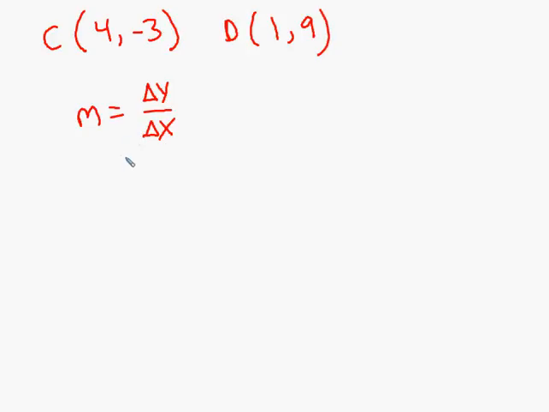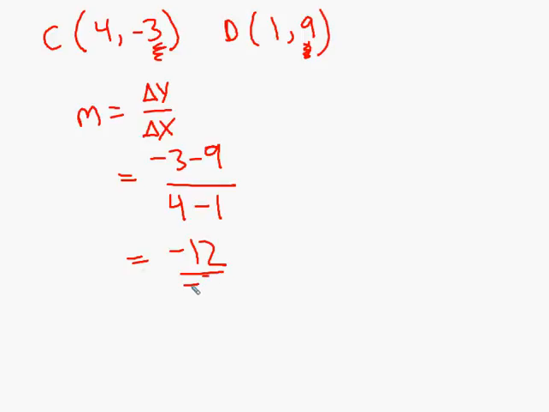And I do want you working down, so change in y, what will I write? -3 minus what? 9. Do your y's. Over 4 minus 1. So I get -12 over, it'll be +3, which is -4. That would be my slope for that one.